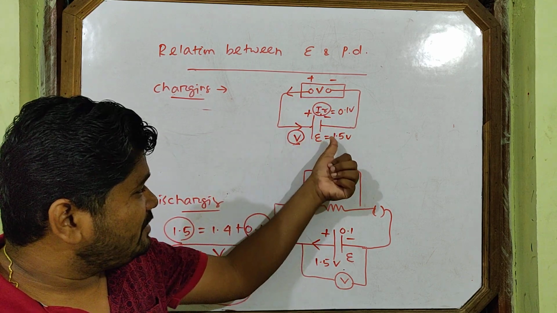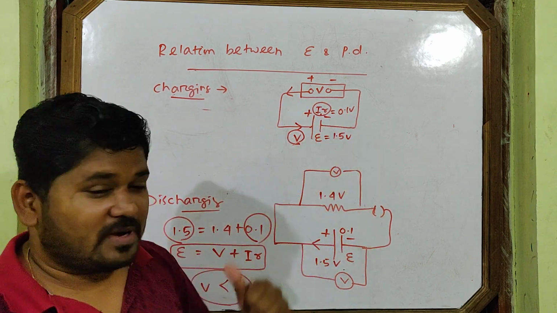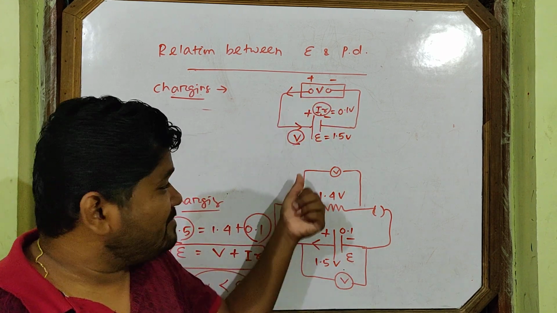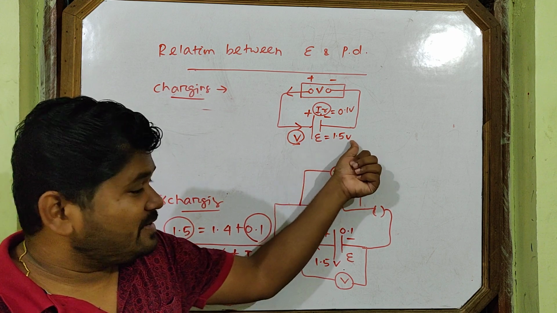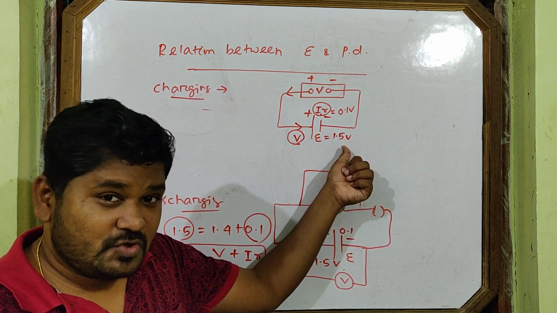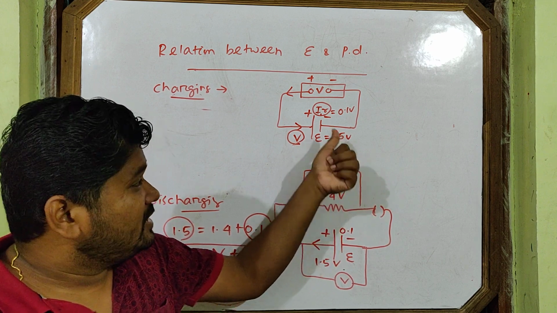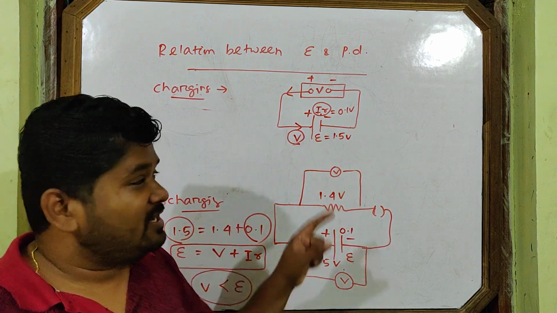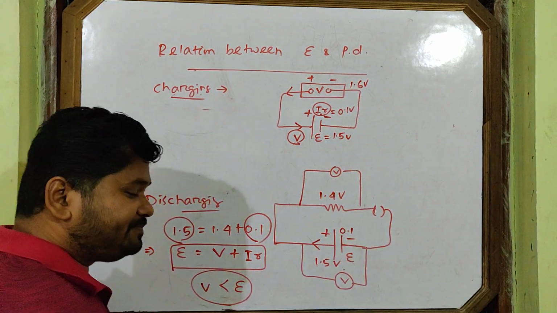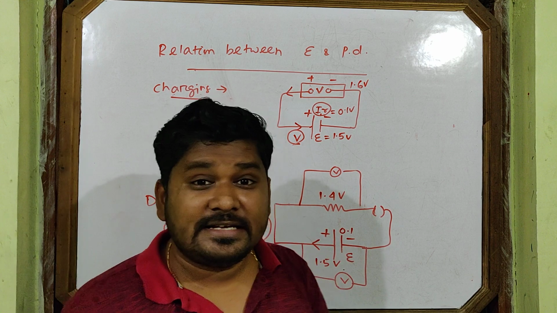If you store 1.5 and loss is 0.1, you tell me how much is supplied? Again I am telling, you store 1.5 volt, means 1.5 joule per coulomb of energy is stored. Loss that happens inside it is 0.1. How much is supplied? Obviously 1.6 volts. It supplies 1.6 volt.